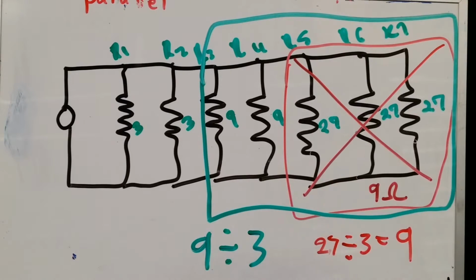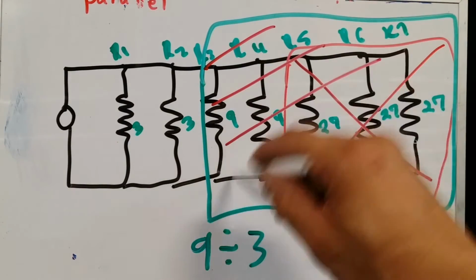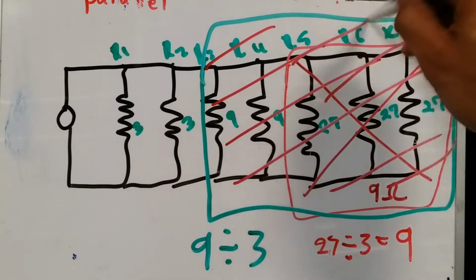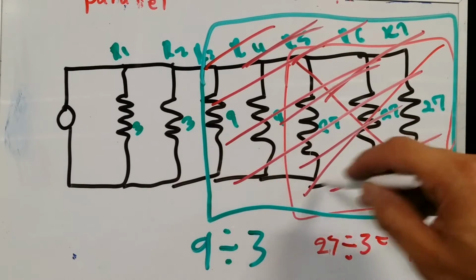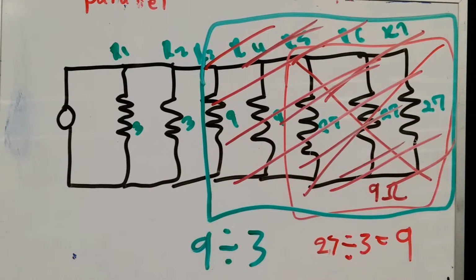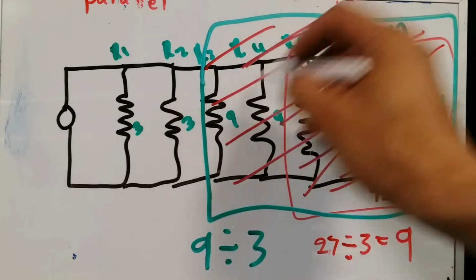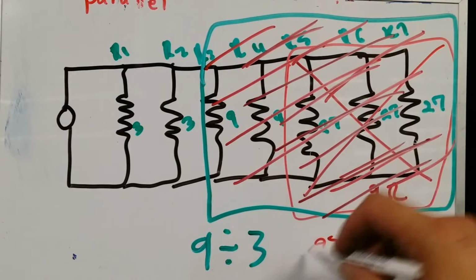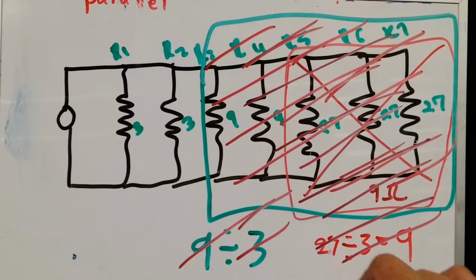So what I am saying is that all of these get replaced by a 9 ohm resistor. I take that back, I made a mistake over here. Not 9 ohms. 9 divided by 3 is 3. So all of this in here gets replaced by a 3 ohm resistor.